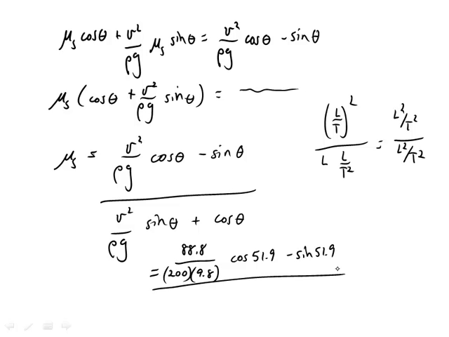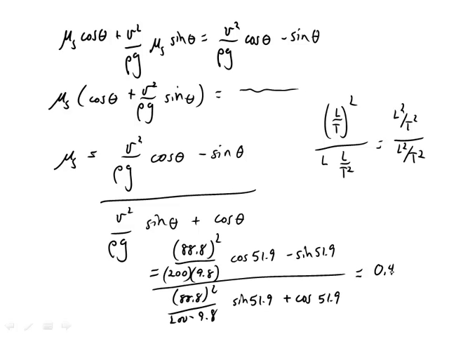And I divide all that by 88.8 squared over 200 times 9.8, sine 51.9 plus cosine 51.9, and I get 0.448. A dimensionless quantity, but that's alright. Mu s should be a dimensionless quantity.